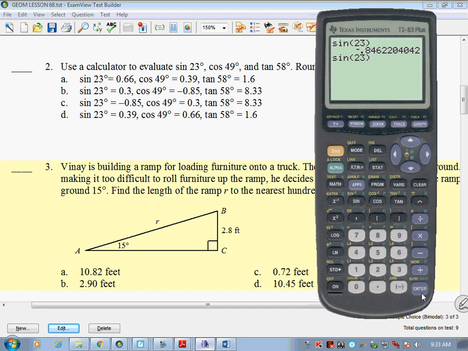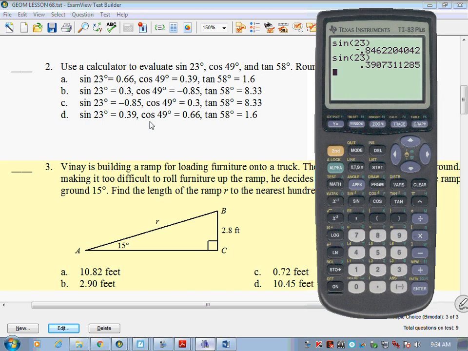And we'll see how different the answer is. Okay? Notice this time it's 0.39, which is the answer D. Okay? So the difference between having the right answer and the wrong answer is making sure that your calculator is set up correctly. Okay? Now, go ahead and plug in cosine 49 and tell me what you get.